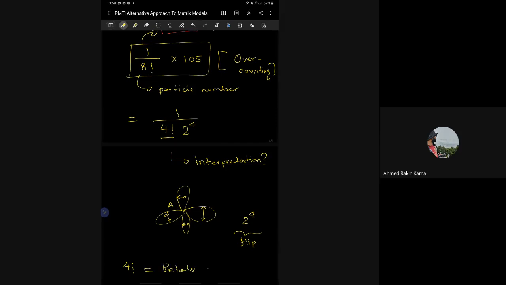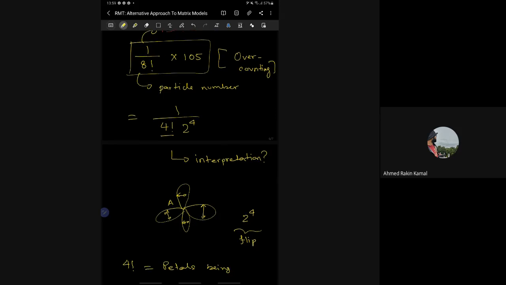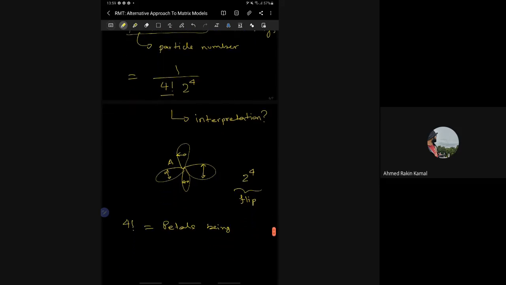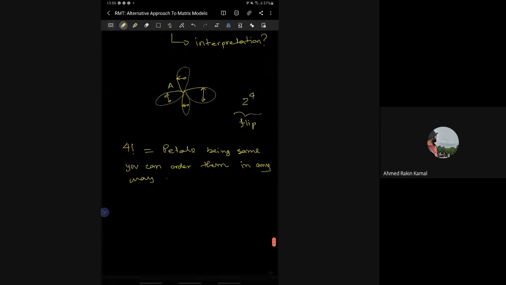They're the same because they come from indistinguishable particles. So 4 factorial comes from ordering petals. You have the freedom to order the petals in any way, and it will still give you the same graph. And even after the flipping, it will still give you the same graph.